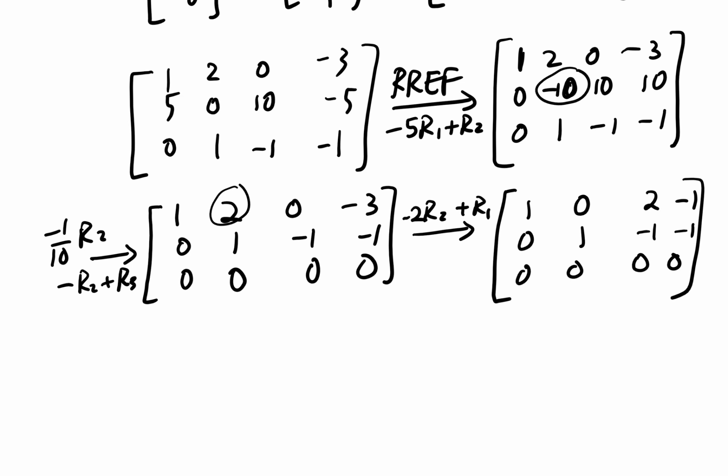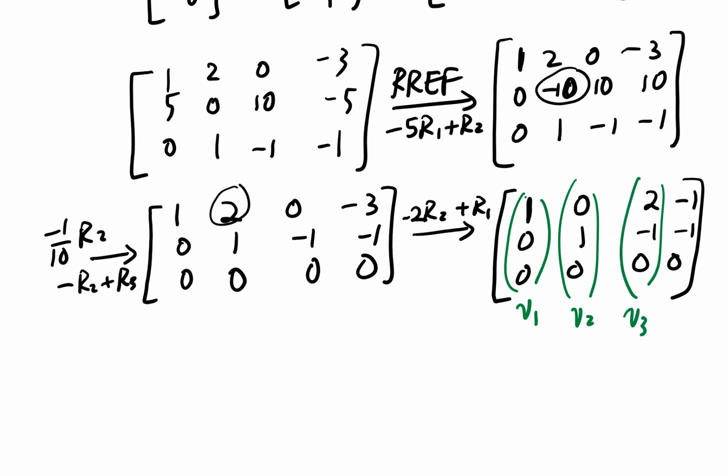Now, if you look at these, can you find any of these vectors as a linear combination of the other vectors? So this is V1, this is V2, this is V3, this is V4. Notice V1 and V2 have nothing to do with each other.